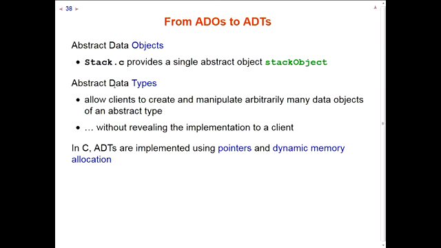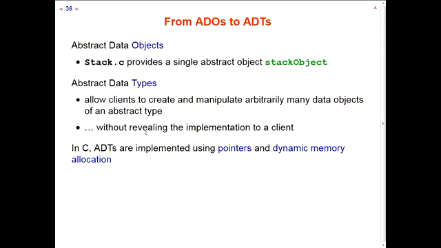So rather than providing just one particular stack, we will, when we talk about abstract data types, provide a type called stack, and then someone could use as many stacks as they want based on that ADT. The idea, however, is the same. Everything will be encapsulated. That is, the abstract data type will again not reveal the implementation to a client.